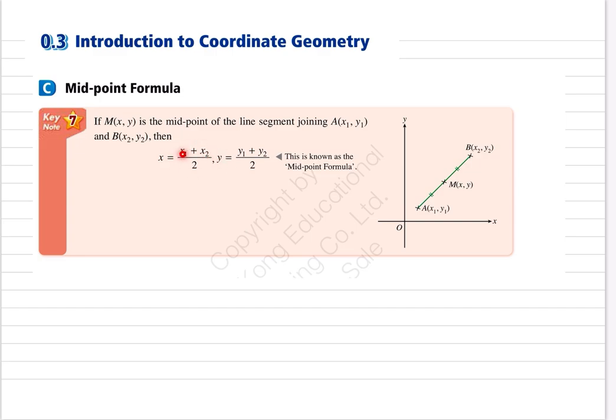Remember, it is not minus, it's adding the 2 points over 2: (x1 plus x2) over 2, (y1 plus y2) over 2. For example, if the x coordinate of this point is 1 and the x coordinate of this point is 3, finding the x coordinate of M, you should find it as 1 plus 3 over 2, not 3 minus 1 over 2. So it is actually 4 over 2, which is 2.